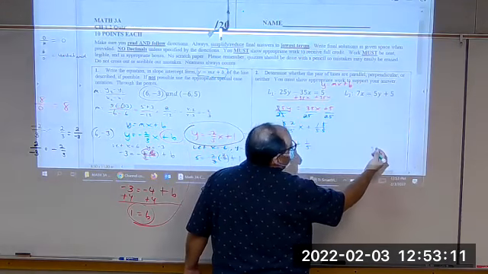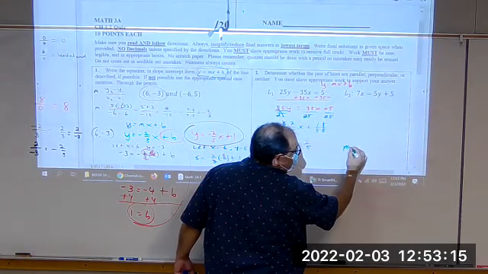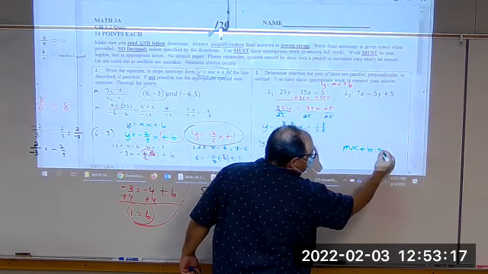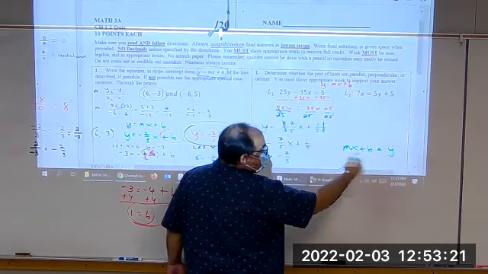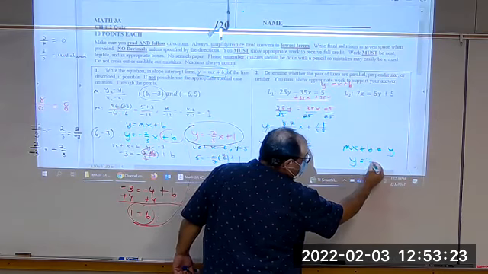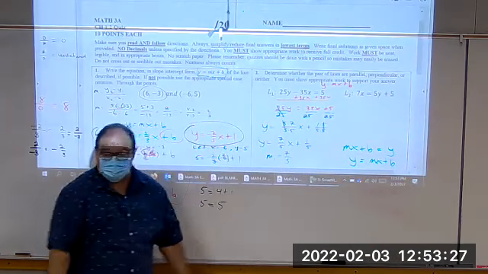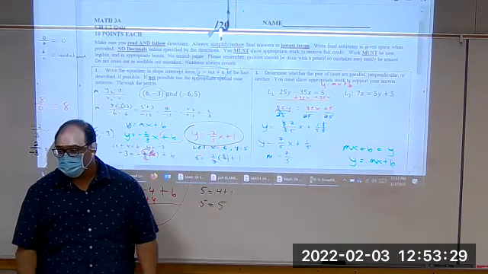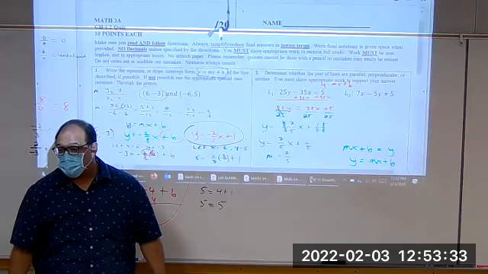I told you it's okay to get y on the right, and then if that still bugs you, just flip them around: y equals mx plus b, and then figure out your slope. Perfectly fine to do that.